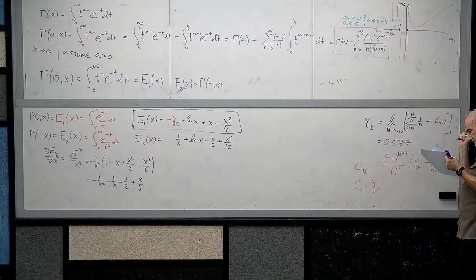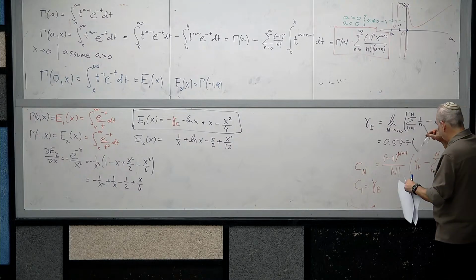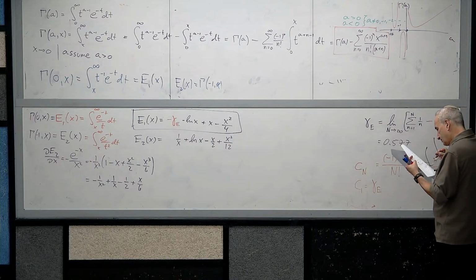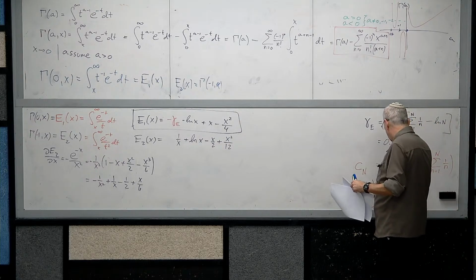So what is going on? So we got gamma Euler minus 1, right?